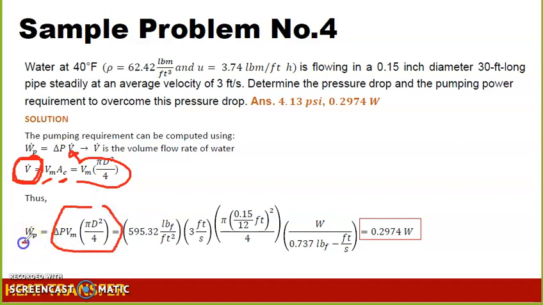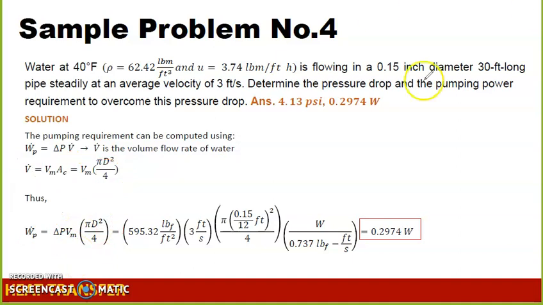So our pumping power is delta P times the volumetric flow rate, which is the velocity times the area of the cross section. Then substituting the values which we already have. We will go back to the value of feet squared so that our values here will be consistent in feet.